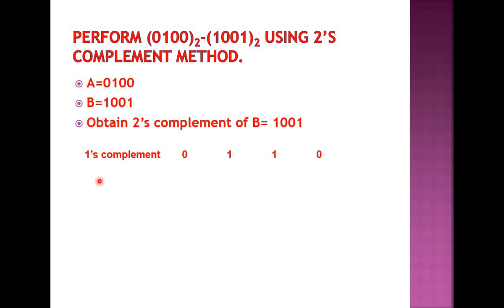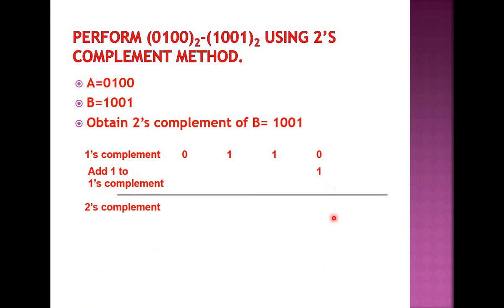Now we have to add 1 to the 1's complement. So we add the number 1 here, and we get the 2's complement as 0 plus 1 is 1, again the 1 as it is, the 1 again as it is, and the 0 again as it is. So the 2's complement of B becomes 0111 to the base 2.